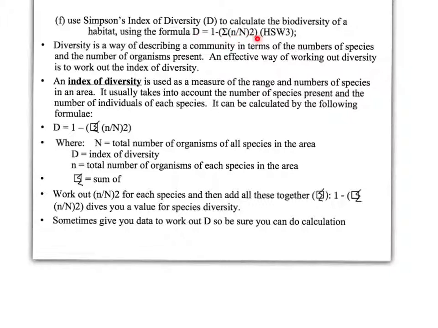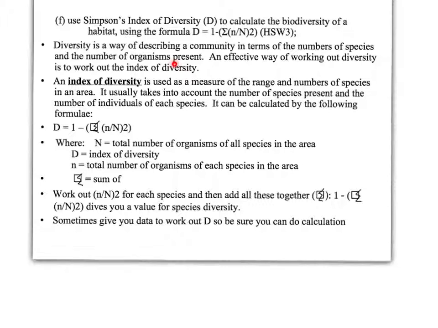The index of diversity is a way of describing a community in terms of number of species and the number of organisms present. It represents species richness and species evenness, and it gives us a value which gives us an indication of the number of species and the number of organisms present in a particular habitat.